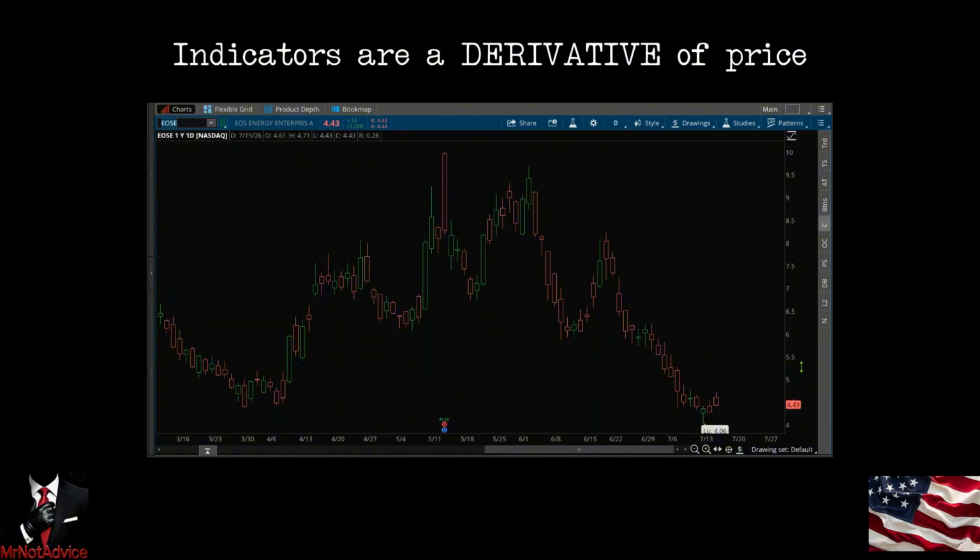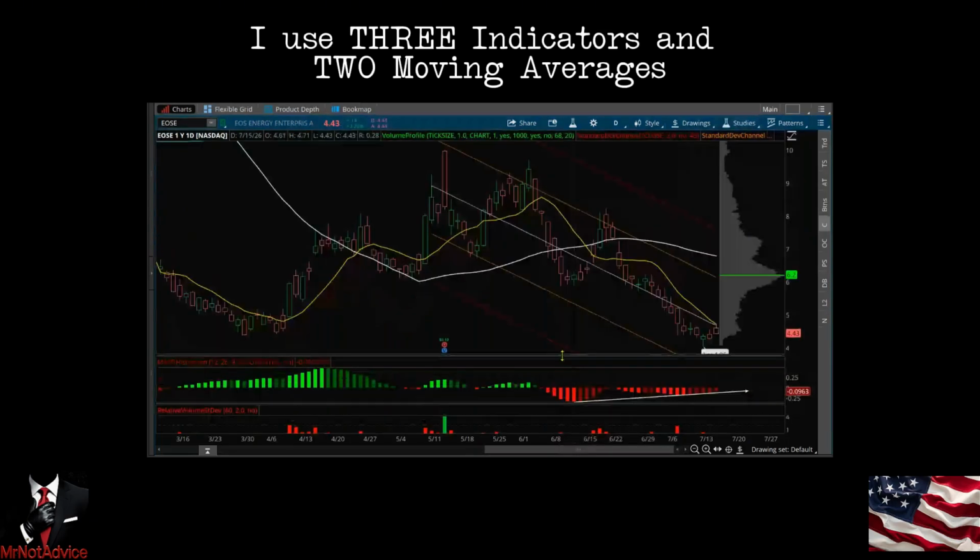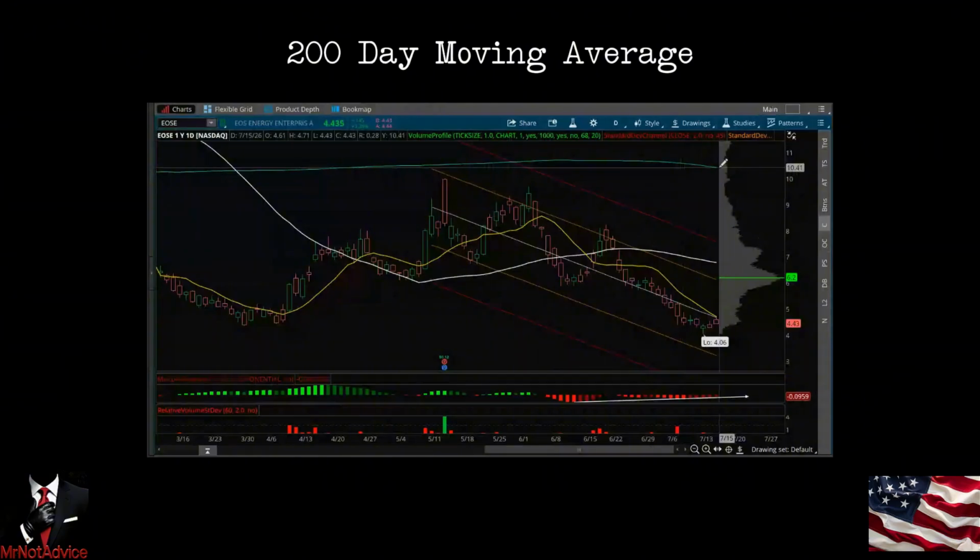They add or take away from my trade thesis, meaning if I have, and I'm going to put an indicator up here, these are the only indicators I use for when I use them. The blue line is the 200-day moving average. Why?